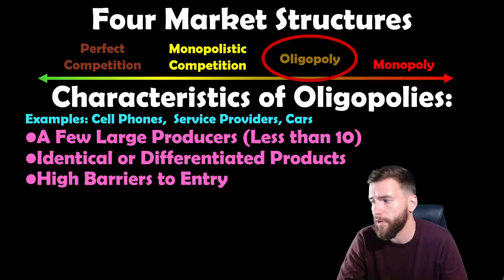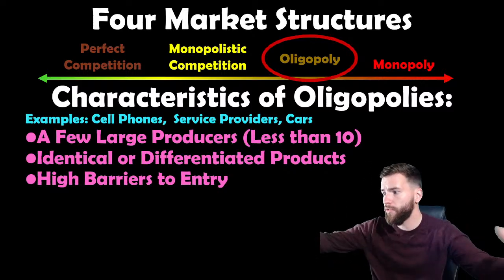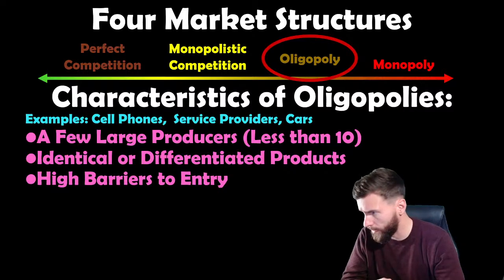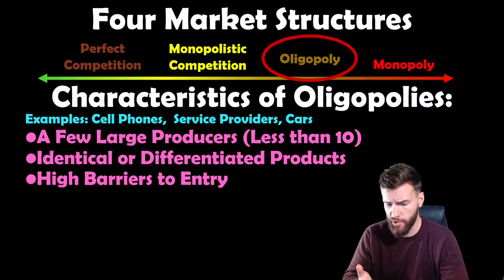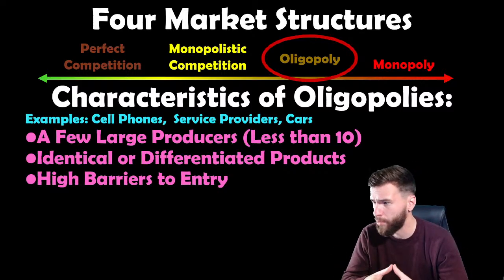Why? Because high startup cost, right? High economies of scale. We need a lot of total cost. We need a lot of money to buy all those resources, right? Contracts with airports, a huge fleet, right, of planes. We got to hire a bunch of pilots, which I would imagine are pretty scarce.